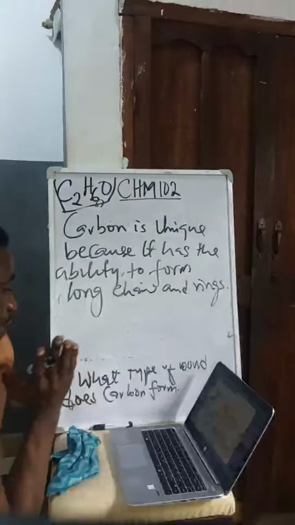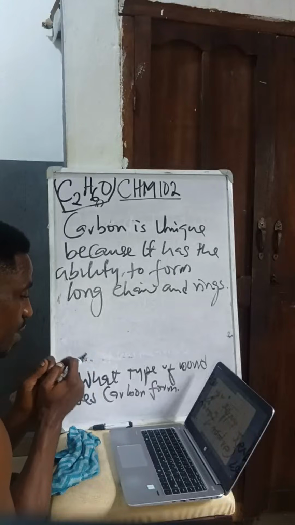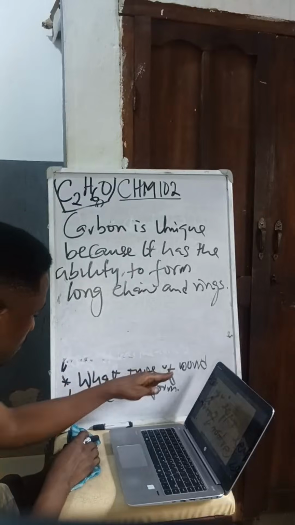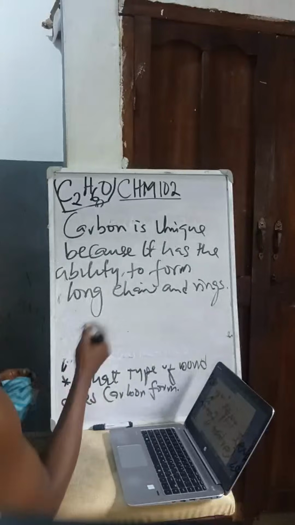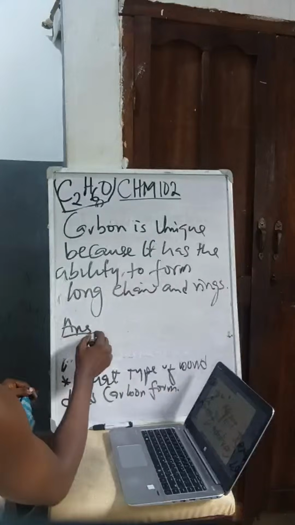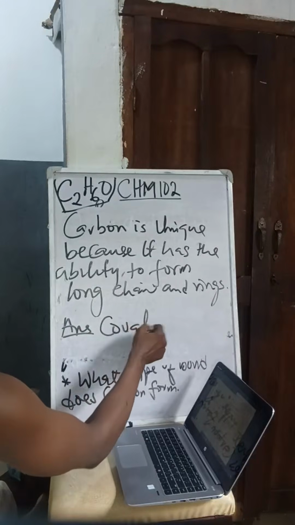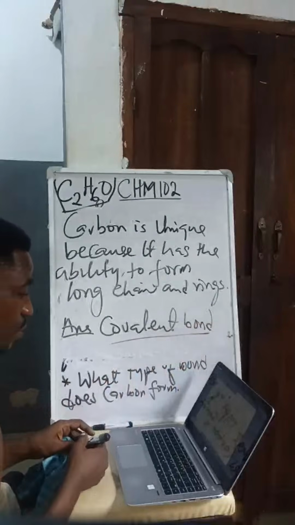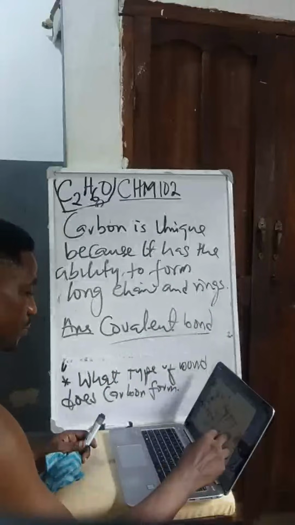So that is why carbon is unique. And the last question, what type of bond does carbon form? The answer is covalent bond.